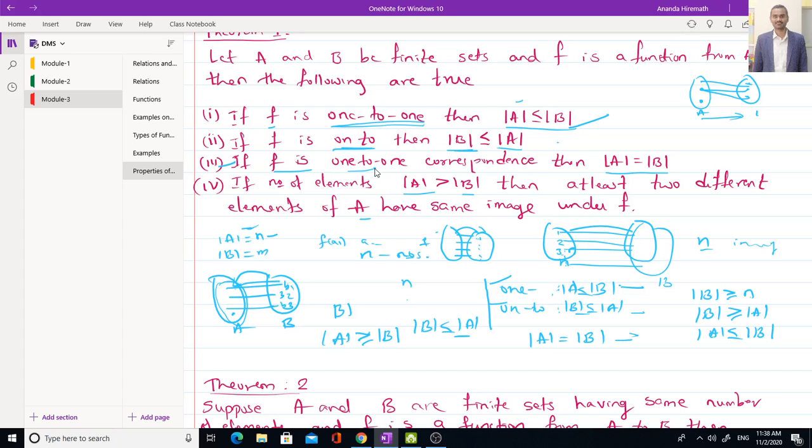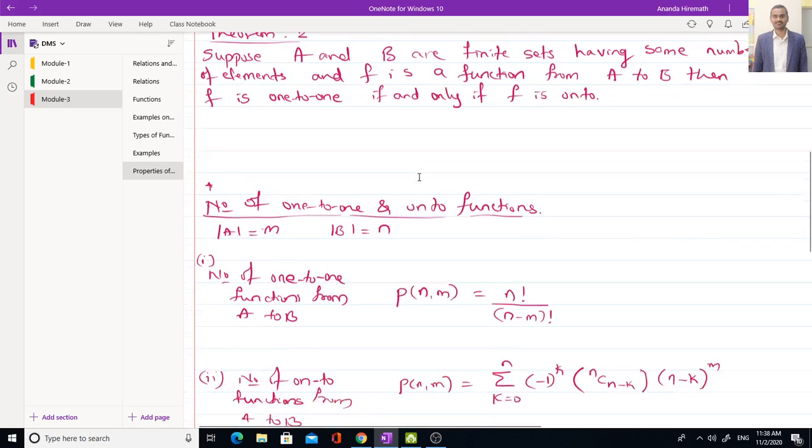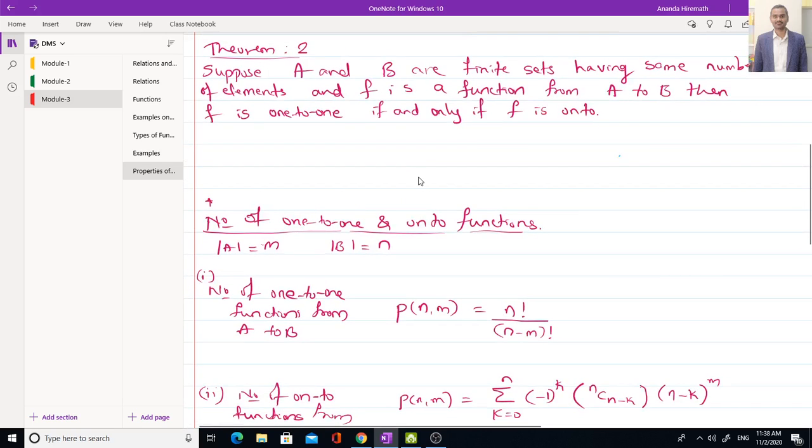Okay. Now let us try to prove the fourth result. If the number of elements in A is greater than B, then at least two different elements of A have the same image under F. Now I will write it here.